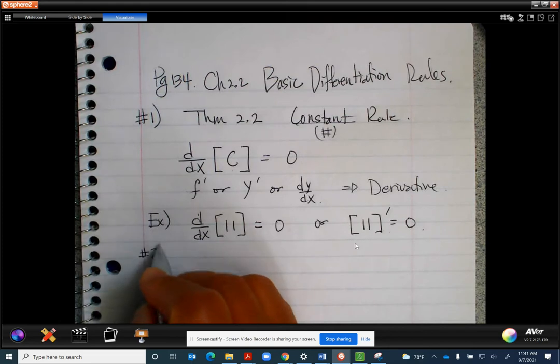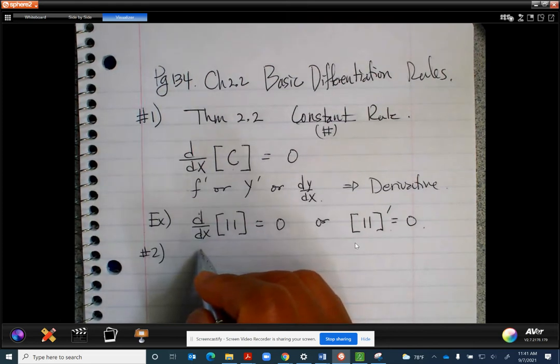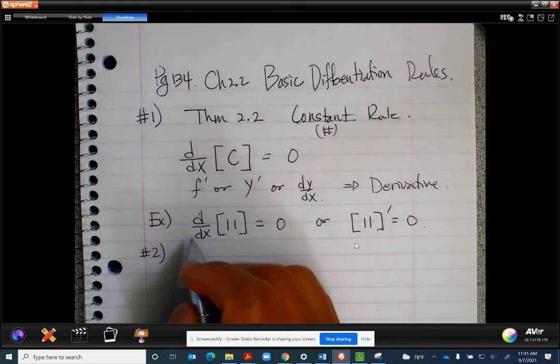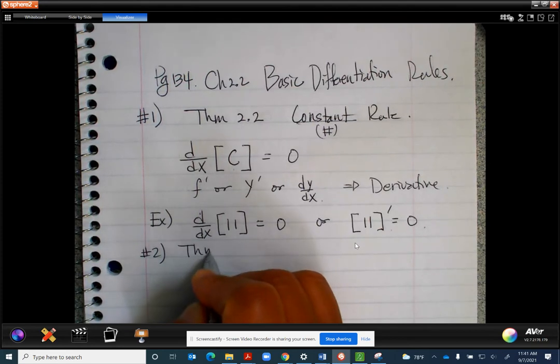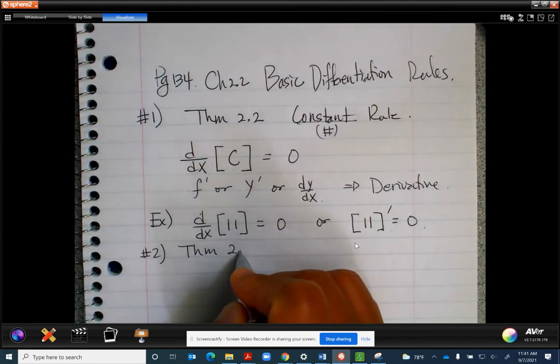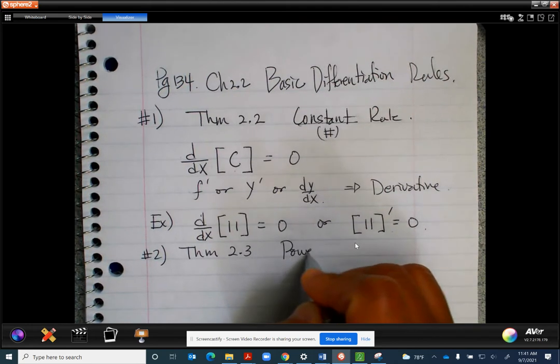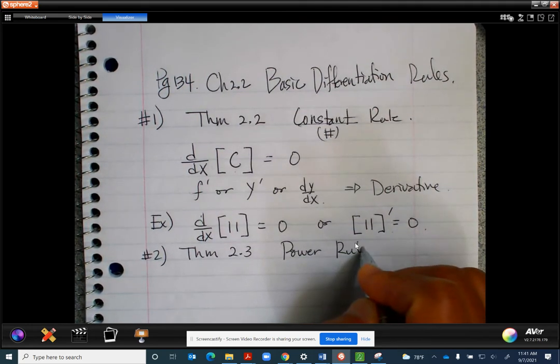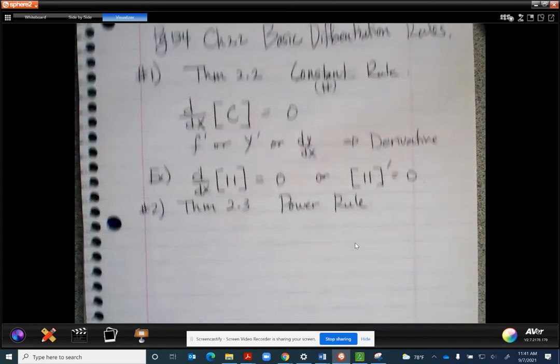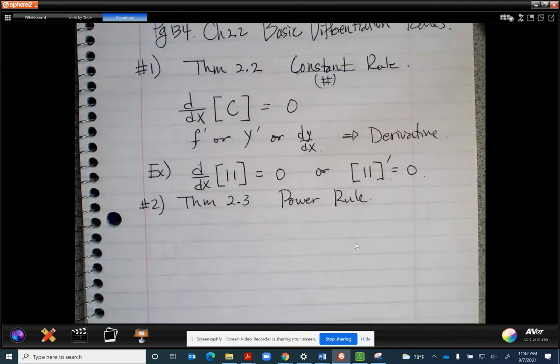rule is on page 135. It says theorem 2.3. This is called the power rule. It's called the power rule because you're using the power.